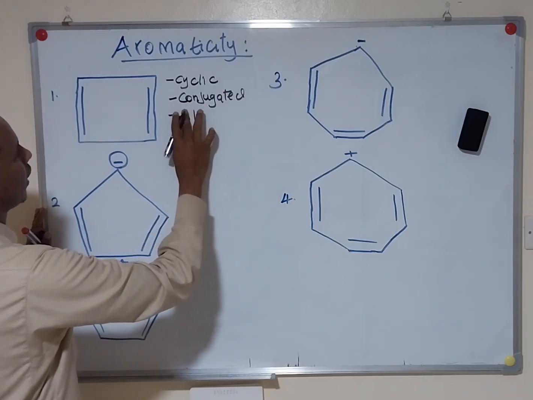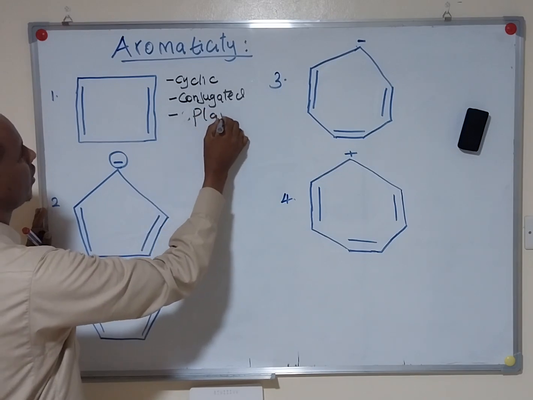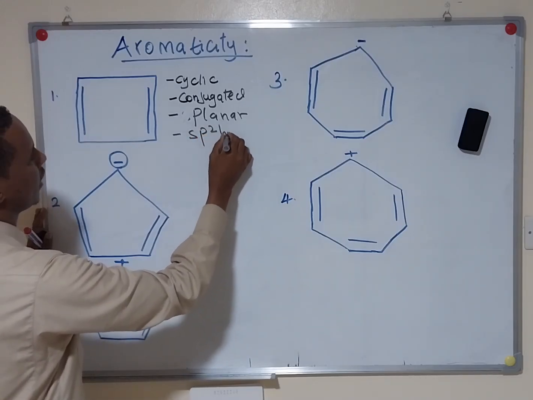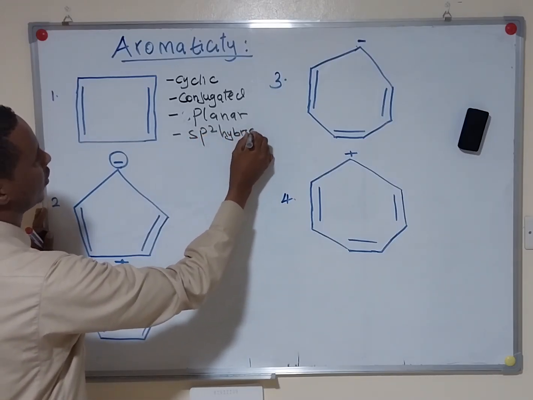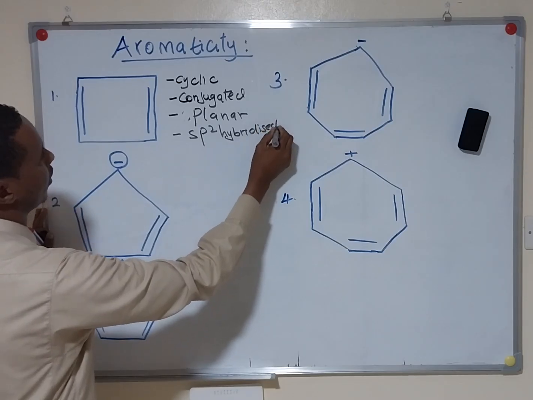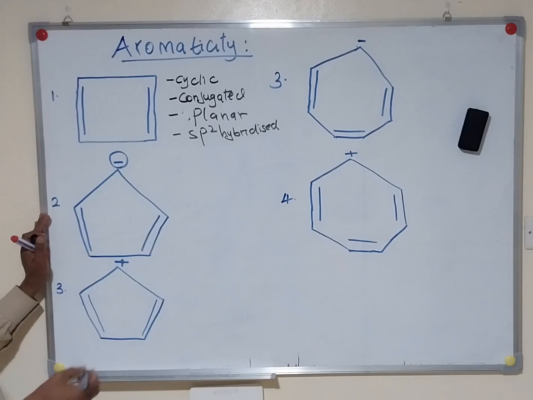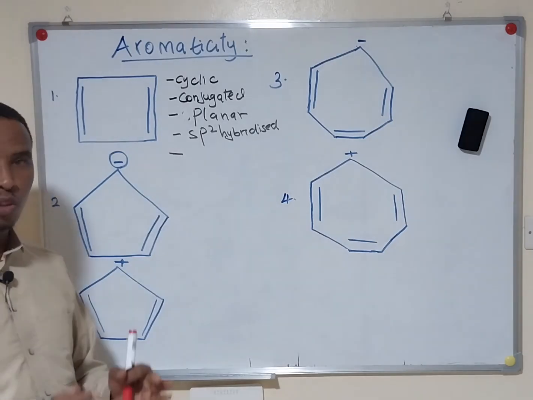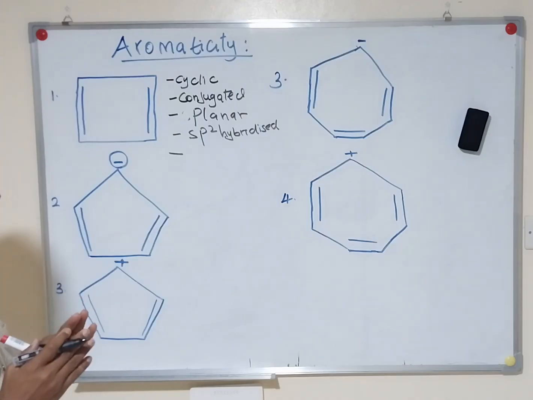It is planar. It is sp2 hybridized. And lastly, does it conform to Huckel's rule, that is 4n plus 2, or does it conform to 4n?